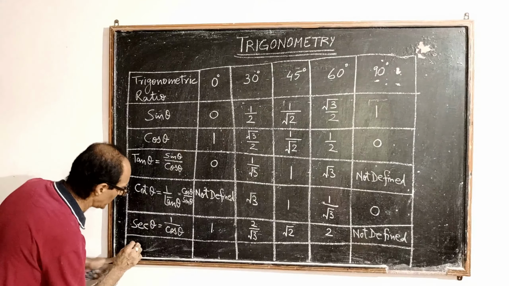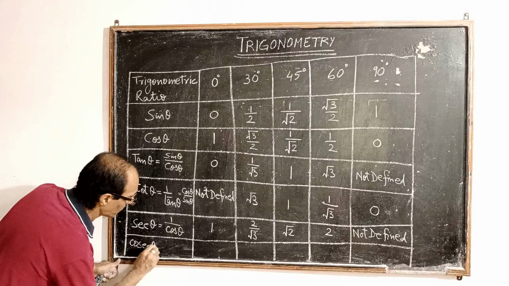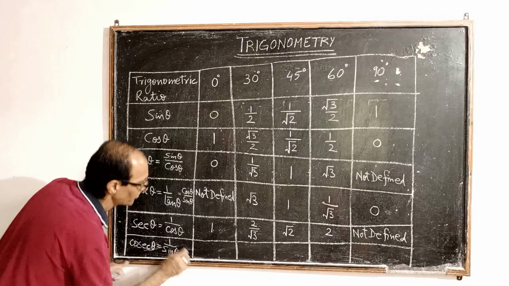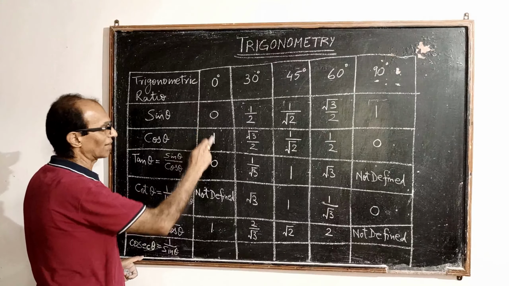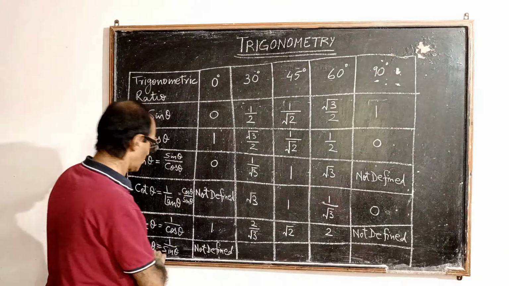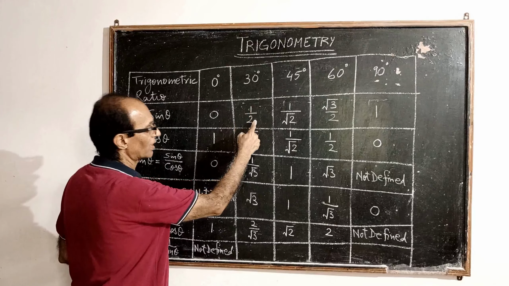And finally, we talk about cosecant theta. Cosecant theta, that is 1 upon sine theta. Sine 0 is 0. So cosecant 0 will be 1 divided by 0, and 1 divided by 0 is not defined. Cosecant 30 degrees will be 1 over 1 upon 2.